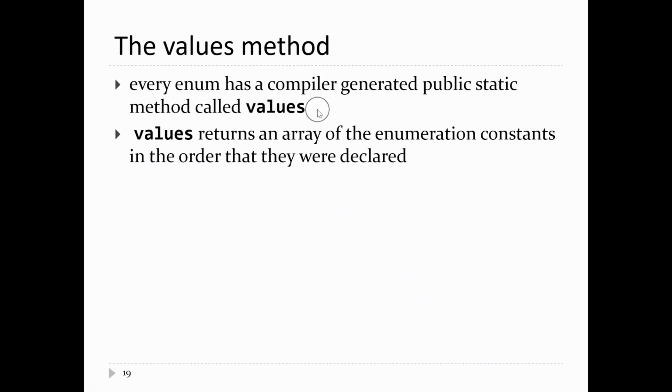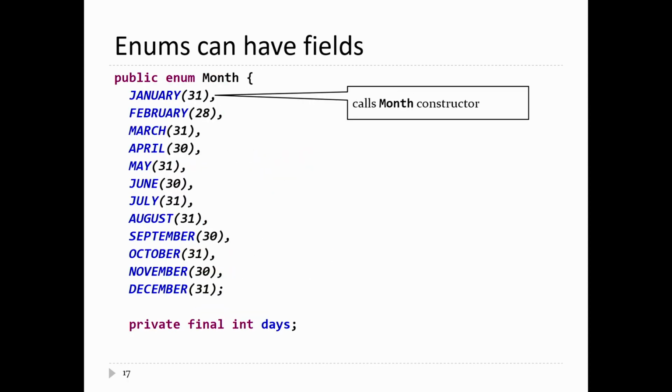You get some other methods to help you when working with enumerations. The compiler generates, I don't remember how many, several methods for you for free. So you get a method called values. Values returns an array of all your constants. So for the Month class, if you call the values method, you get back an array containing those 12 months in that order.